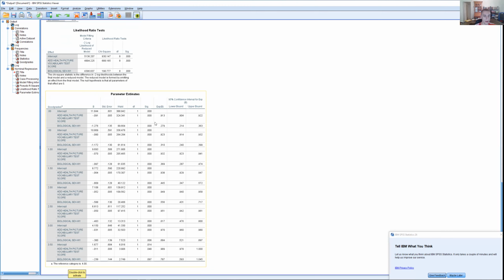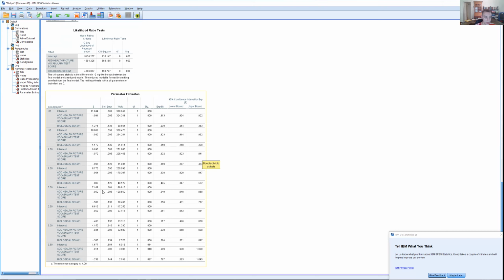Females are considerably less likely than males to be in this low grade group versus this high grade group. So gender makes a difference at the low levels, and here are the significance values for these. Looking at the kids who are doing slightly better in terms of their grades, the picture vocabulary test and gender are significant. True here, true here.